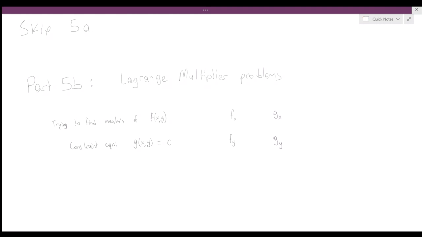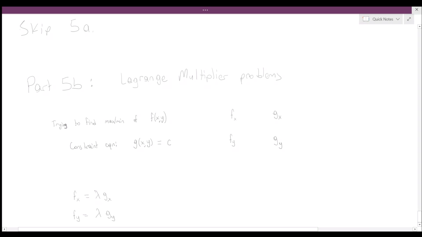Now, once you have the partial derivatives, the method of Lagrange multiplier says that to find where your function has a max or a min, your fx should be equal to some multiple of gx, and that likewise fy should be equal to some multiple of gy.